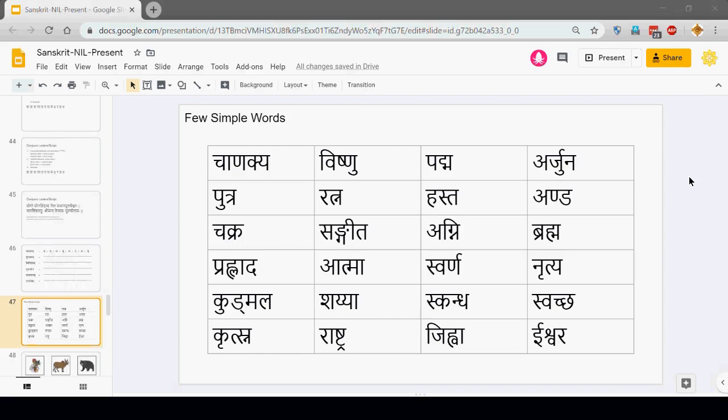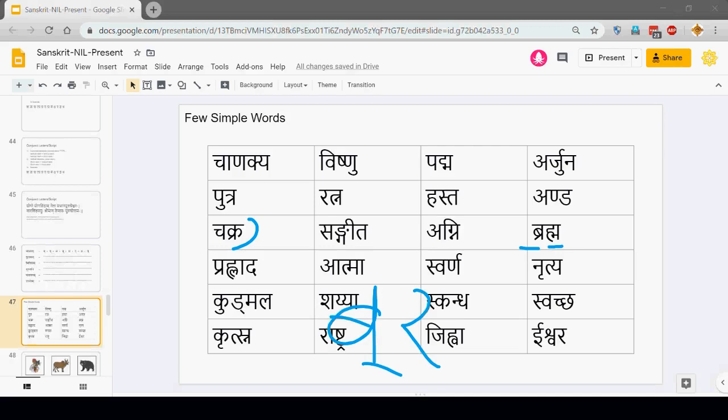Brahma. There are two conjunct letters. First one is bra, just like kra, chakra. So in the bra, ra is the second letter. Ra is following ba. So first one is half, that's a consonant, and there is a ra. So this makes a bra.